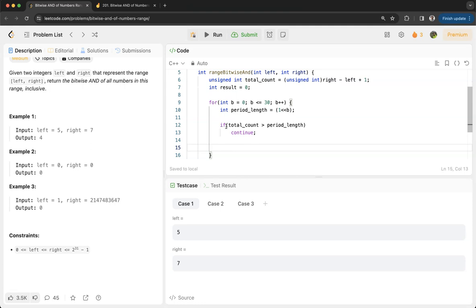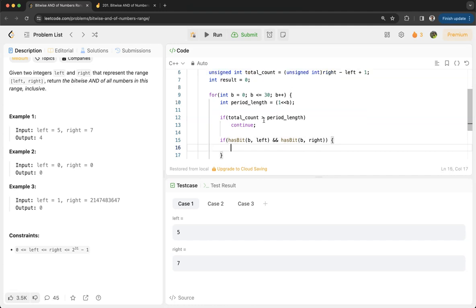and here we just check the left and right. So if left has bit B and right has bit B, if both of them have this bit, I'm going to add that bit to result. So result is going to be ORed with 2 to the B. And I need to add this function, which is very simple.